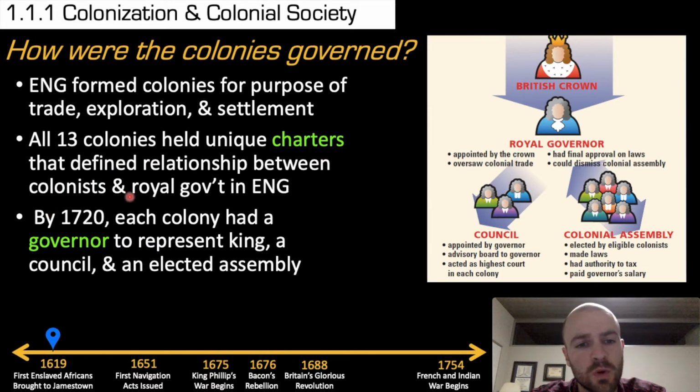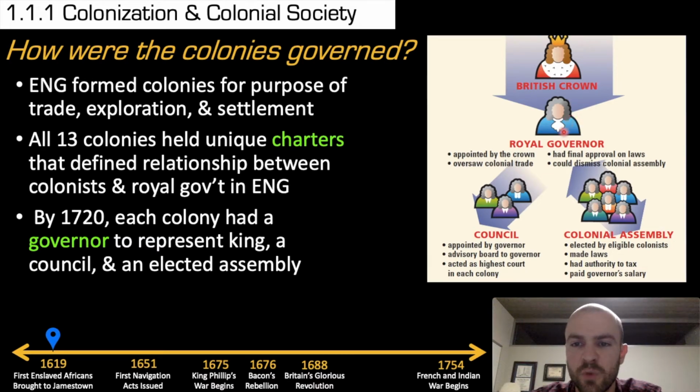By 1720, each colony had a governor to represent the king in the New World, a council, and an elected assembly. I have an image here. At the top of all governments was the British Crown, and underneath the king is the royal governor. You would have had 13 of these royal governors, one for each colony.